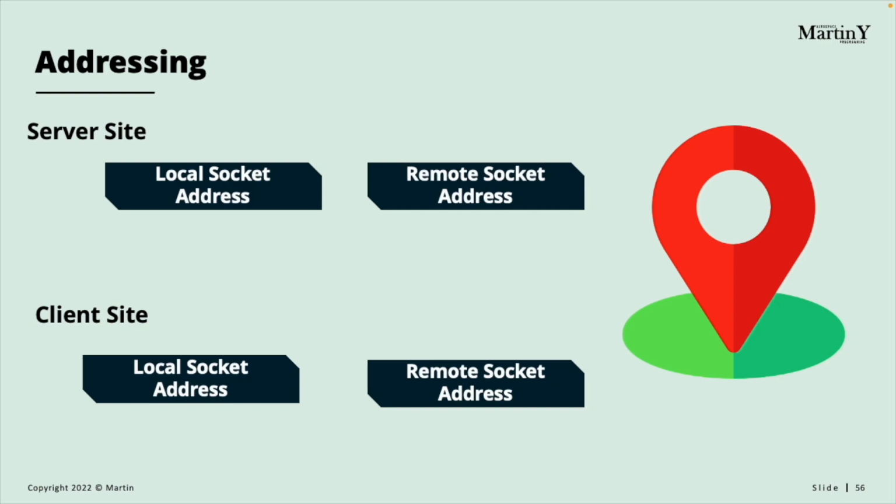All right. Now the other question is how do you obtain those addresses in order to make the communication? On the server side, in order to obtain the local address, we need our own IP address, which obviously we have, and we also need the port number of the application that we want to use.